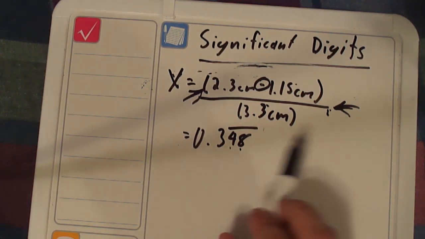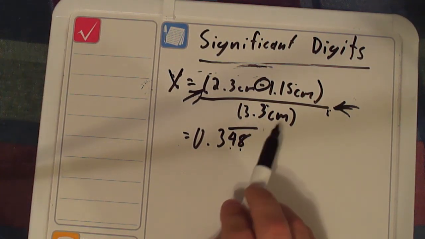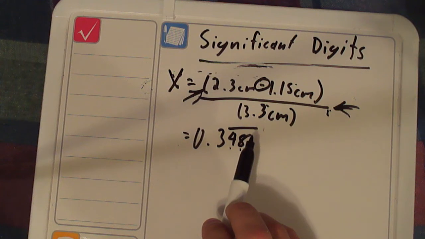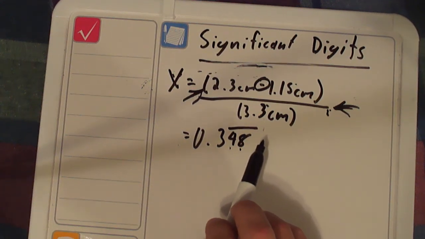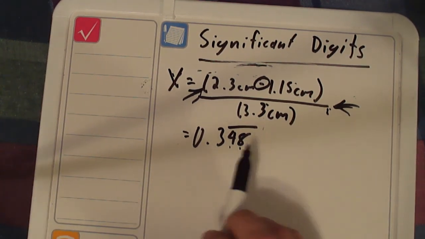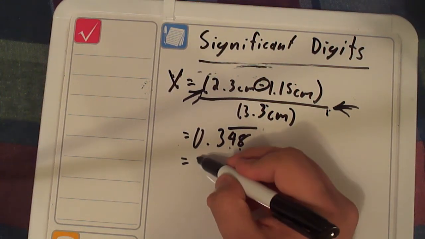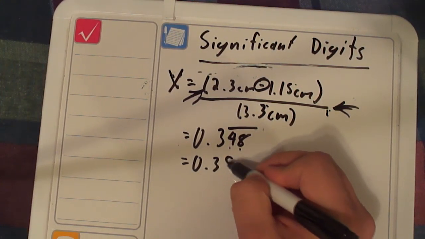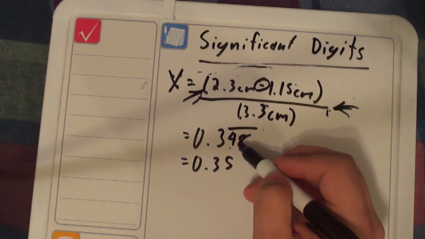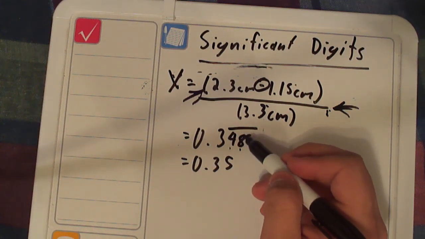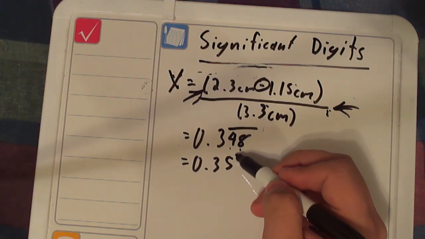That 48 repeats on to infinity. We then have to go by the least number of significant digits total, which means I can then go 0.35. This 8 will round this 4 up to a 5.